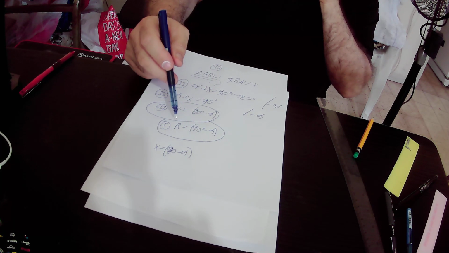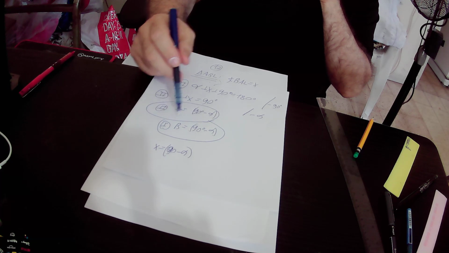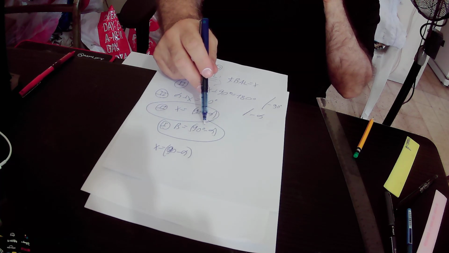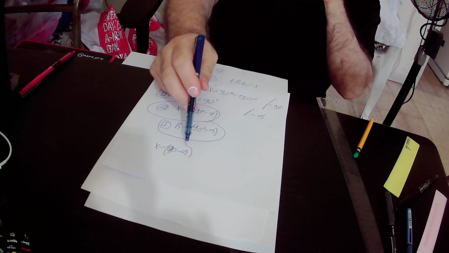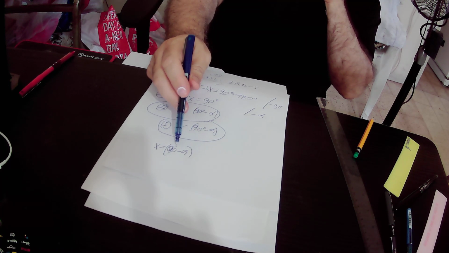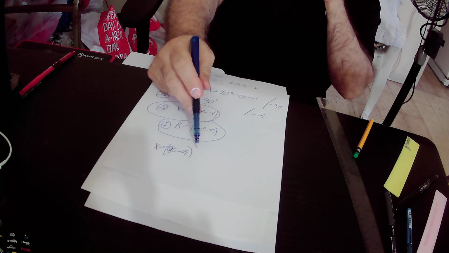According to the first equation, 90 degrees minus alpha equals beta.